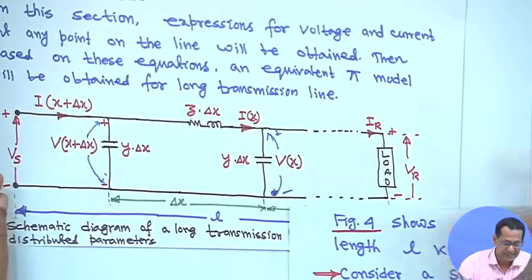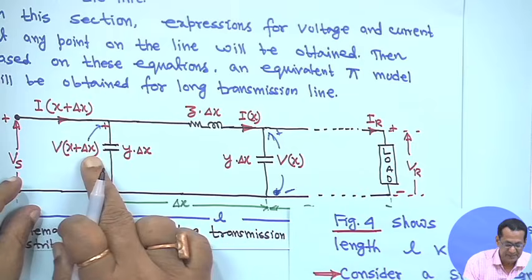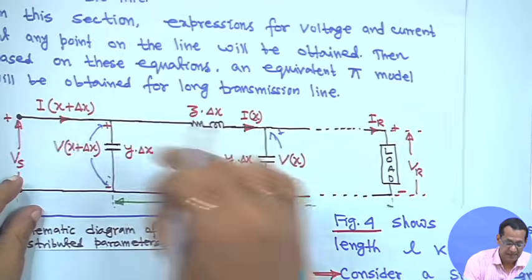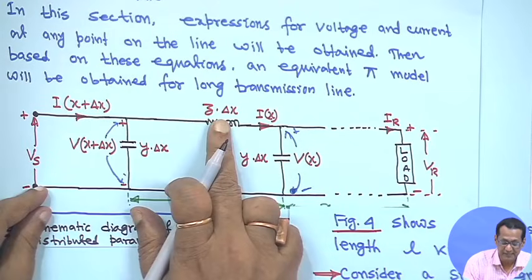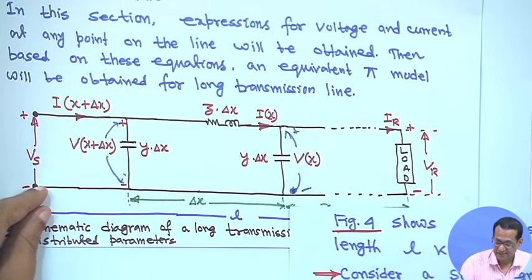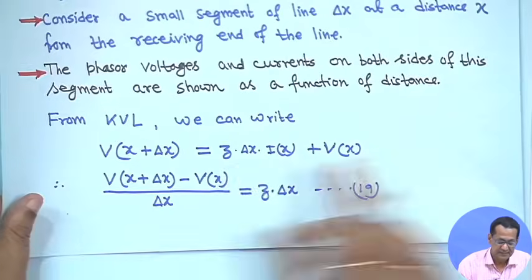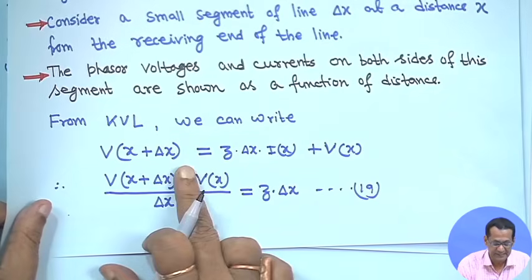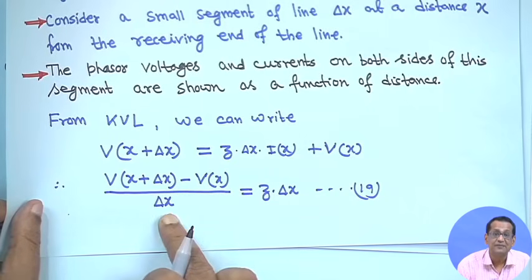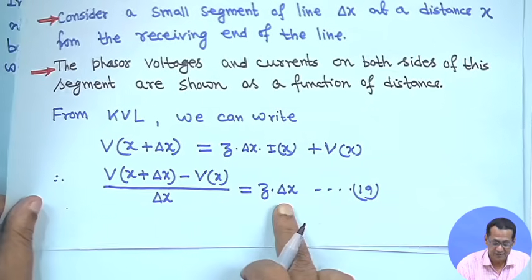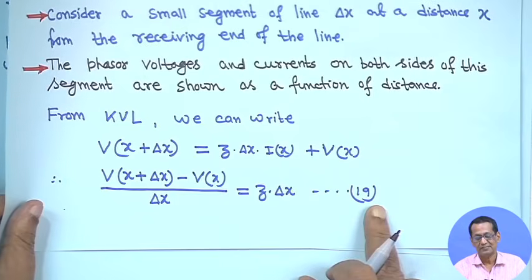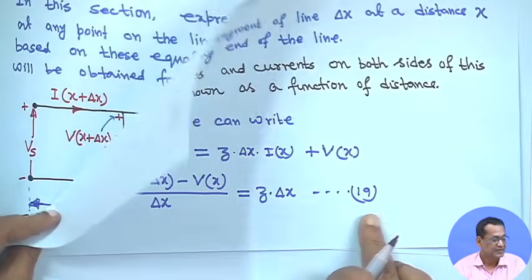So, the voltage across this is equal to small z into delta x into I x plus V x. This equation can be written as V x plus delta x minus V x upon delta x is equal to small z into delta x. This is equation 19.